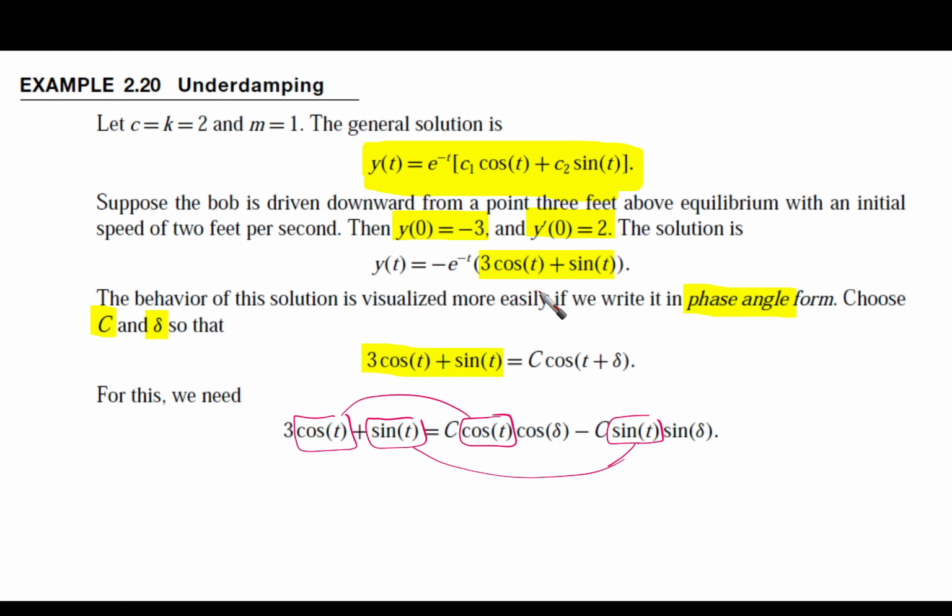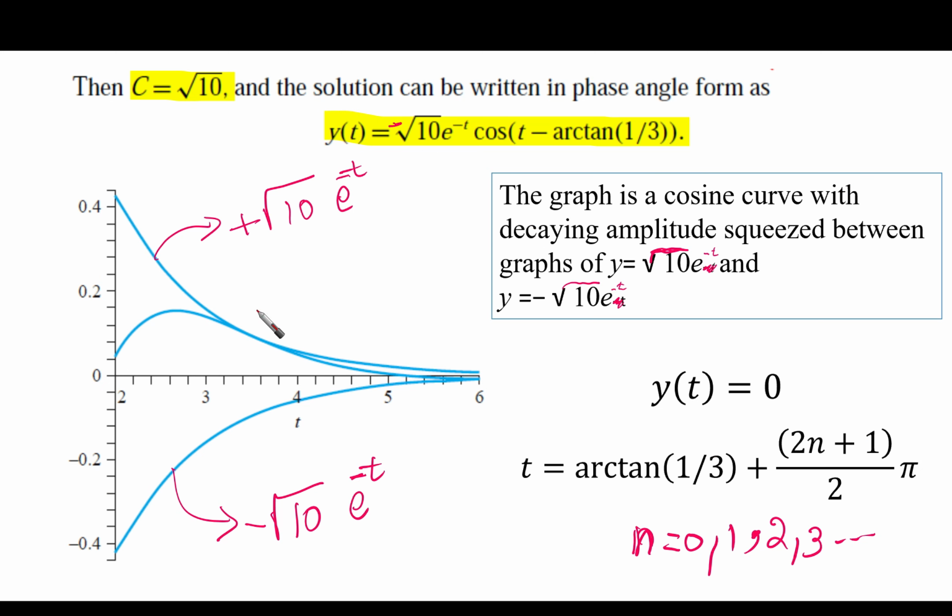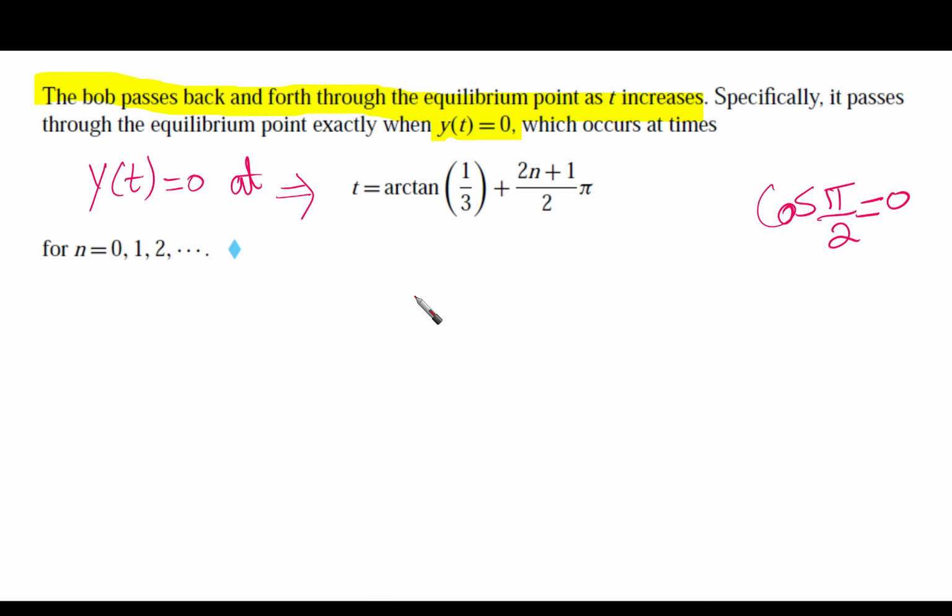So in this case our damping is less dominant, and the equation of motion, or the motion graph, is controlled by the sine cosine function. At the end we find that the bulb passes back and forth through the equilibrium point as t increases.